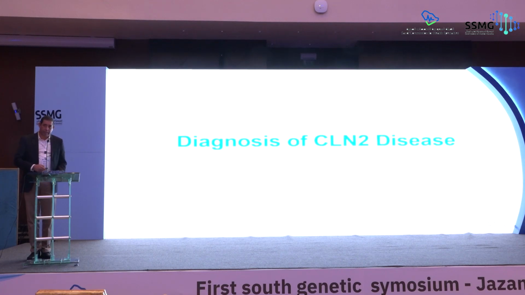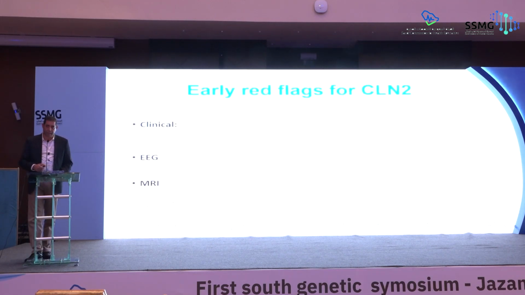So what about the diagnosis? I think it is extremely important to have the diagnosis as soon as possible, as now we have disease-modifying therapy for this disease. As a clinician, the diagnosis is mainly based on the clinical phenotype, so we have to recognize very early the red flags for CLN2, and these are mainly two.